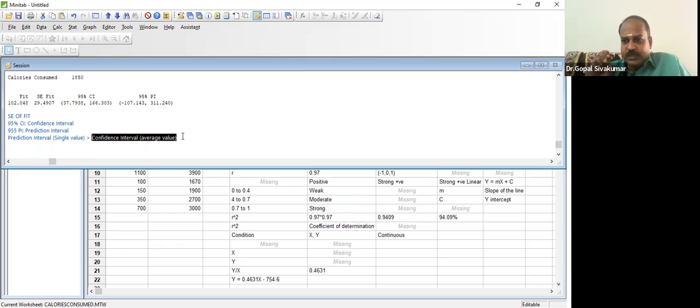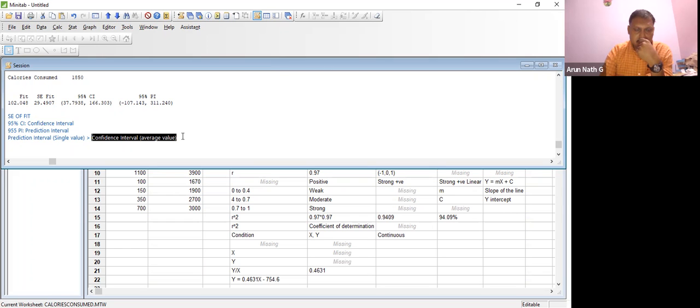Do you understand what the confidence interval is speaking, and what the prediction interval is speaking? The prediction interval gives you the single experimental observation value, which is expected to fall inside the prediction interval.